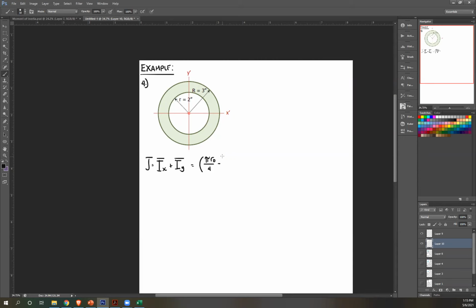And then subtract the empty space, pi r, and let's call that inner radius, to the 4th over 4. And then plus your Iy, and as I've said earlier, Iy is just the same as Ix, same equation. So pi Ro to the 4th over 4, minus pi Ri to the 4th over 4.